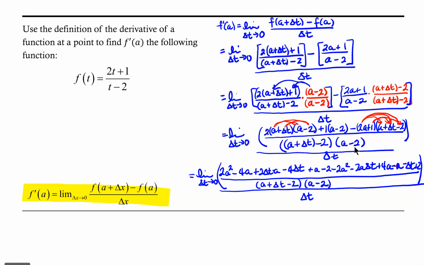Now we're going to be searching our numerator for terms that will subtract out. So for example, I have a 2a squared and a minus 2a squared. Those will sum to 0. I've got a minus 4a and a plus 4a. Those will sum to 0. I've got a plus 2 delta t a and a minus 2a delta t, and since multiplication is commutative, we can easily say that those sum to 0.